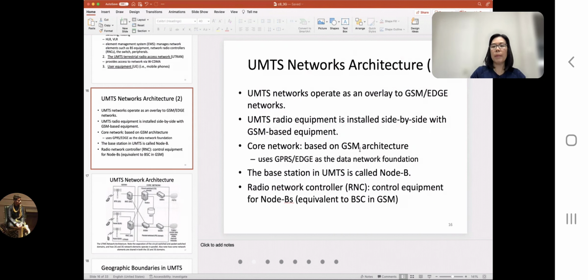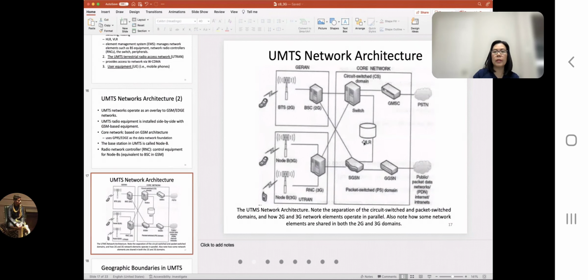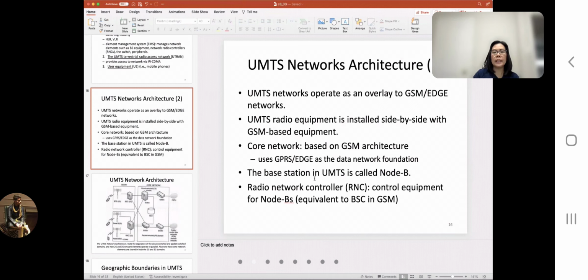The core network is based on the GSM architecture, and we use the GPRS and Edge data protocols as the foundation for data transmission in the network. The base station now is called a Node B. We don't call it BTS anymore.